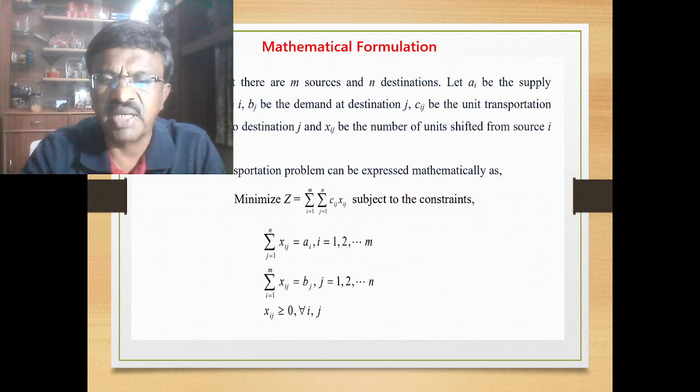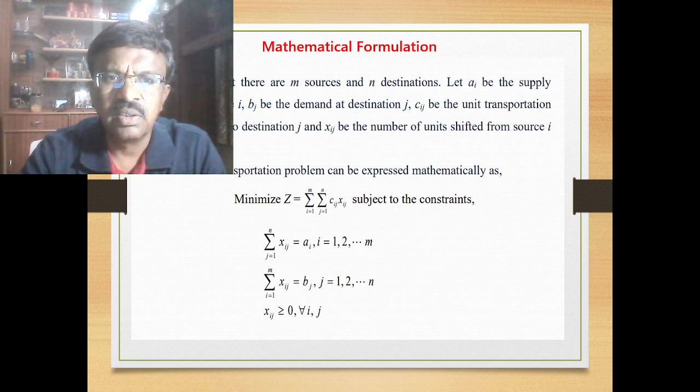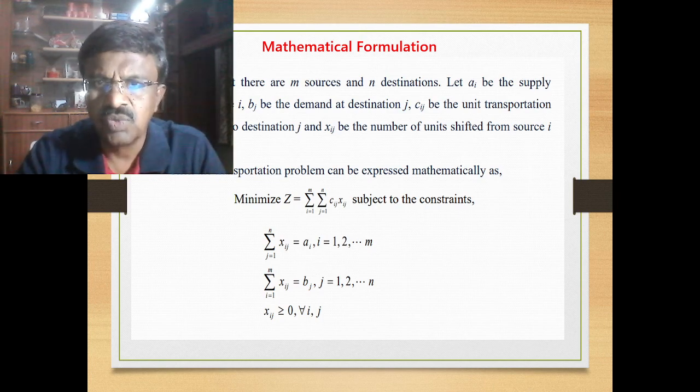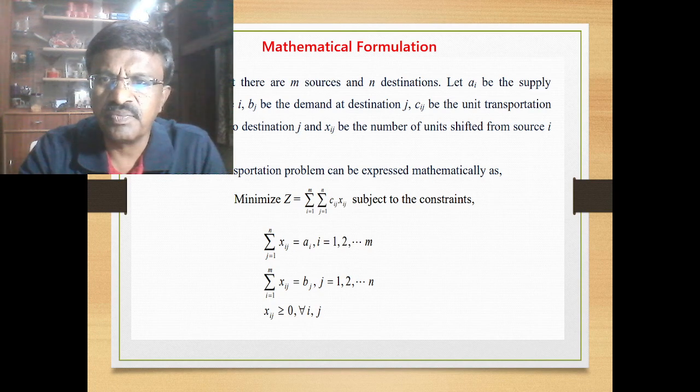And this is the mathematical formulation of a typical transportation problem. Here we have certain assumptions. Let us assume that there are m number of sources and n number of destinations. The sources will have some supplies.